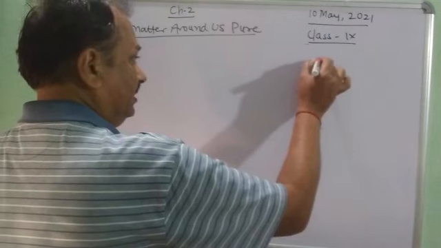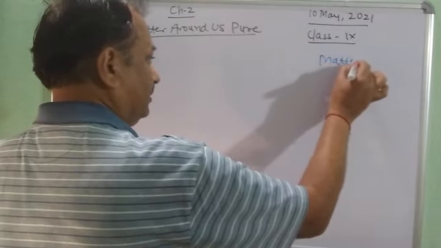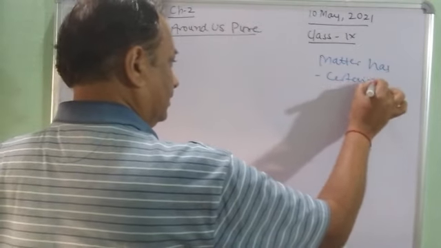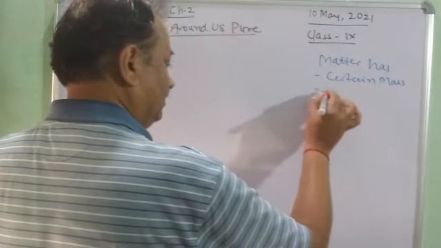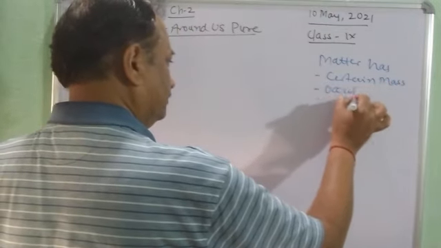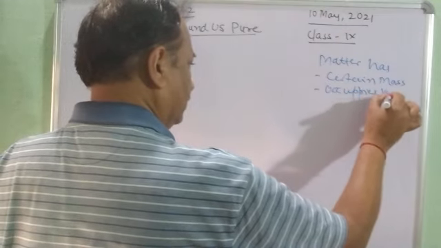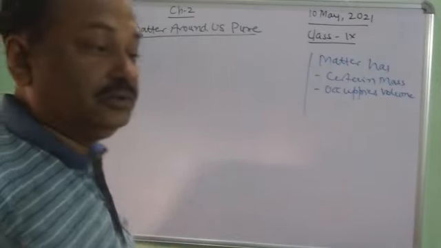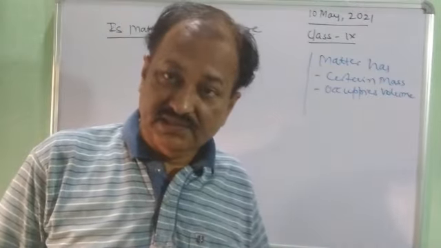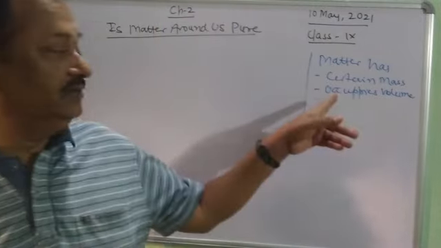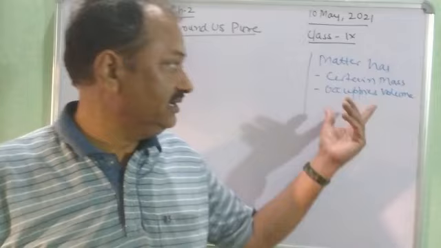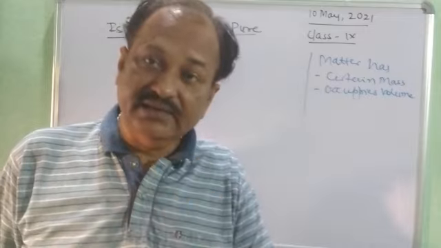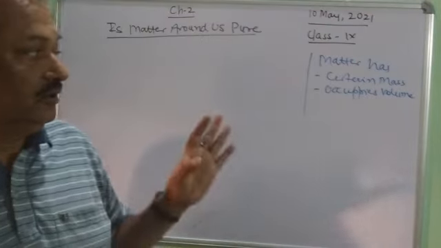So first we see here, matter has number one, certain mass, and number two, occupies volume, area, space, etc. Anything which is not having these two qualities, these are basically properties of matter, will not be regarded as a type or form of matter.